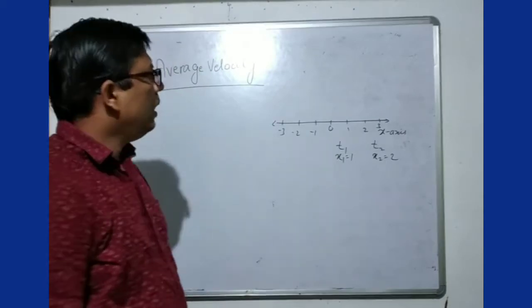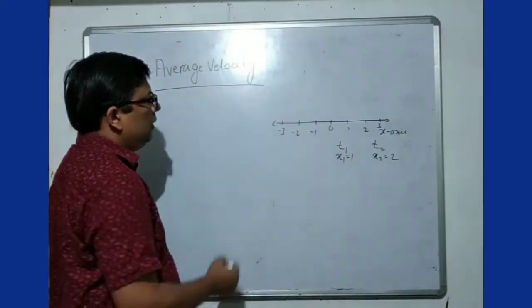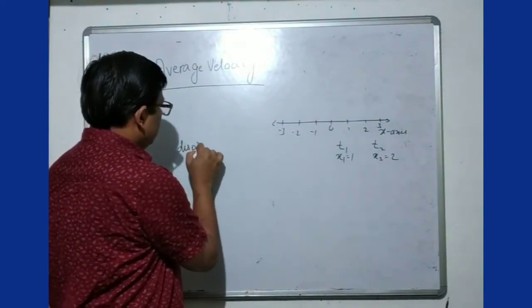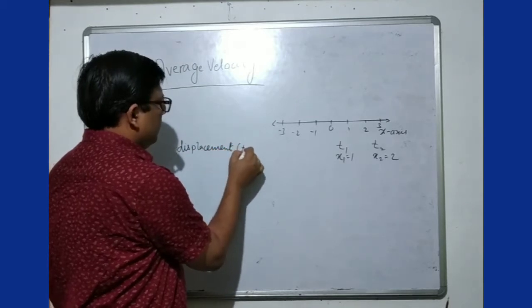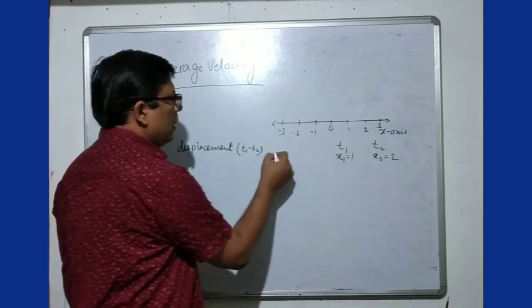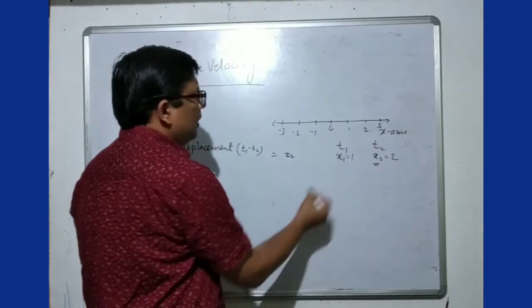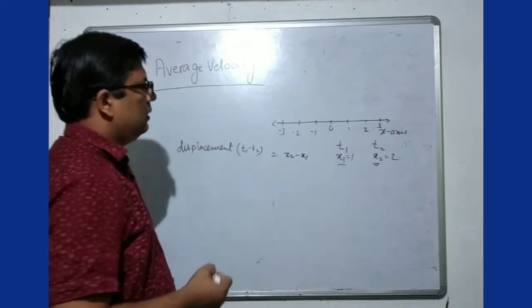So, what is the displacement between time t1 and t2? The final position is x2, the initial position is x1, so displacement is x2 minus x1.